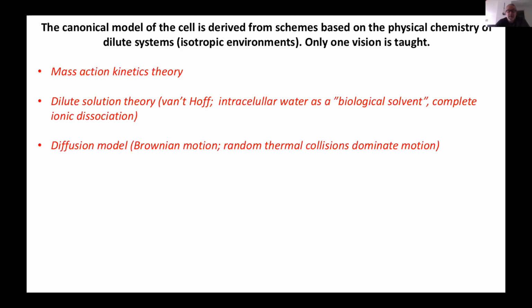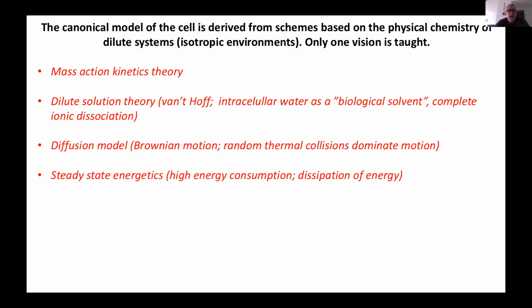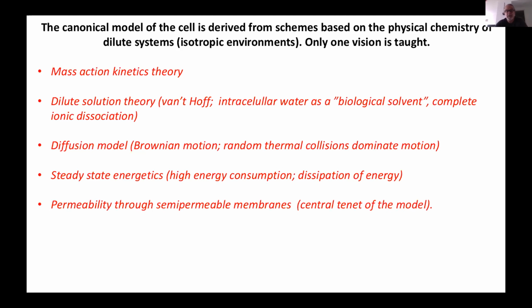Diffusion models based on Brownian motion are the ones used, and this also implies that random thermal collisions will dominate the motion inside the cell. This leads to steady state energetics, so you will need high energy consumption in order to keep the system in a steady state, and of course dissipation of energy is the process that dominates all these scenarios.